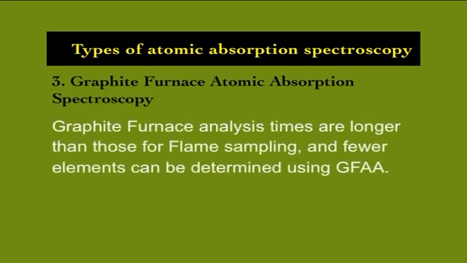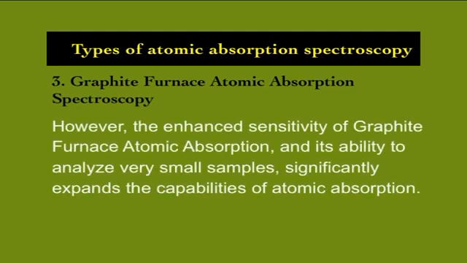Graphite furnace analysis times are longer than those for flame sampling and fewer elements can be determined using GFA, that is graphite furnace atomic absorption. However, the enhanced sensitivity of graphite furnace atomic absorption and its ability to analyze very small samples significantly expands the capabilities of atomic absorption.